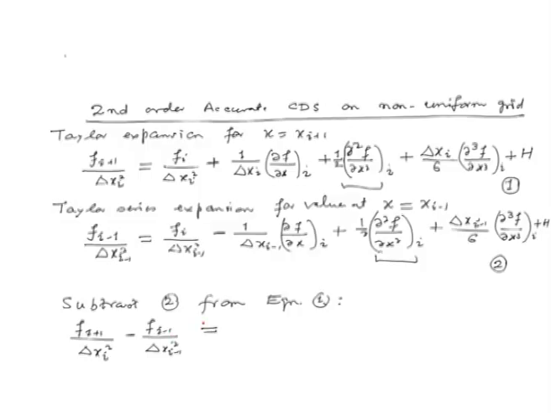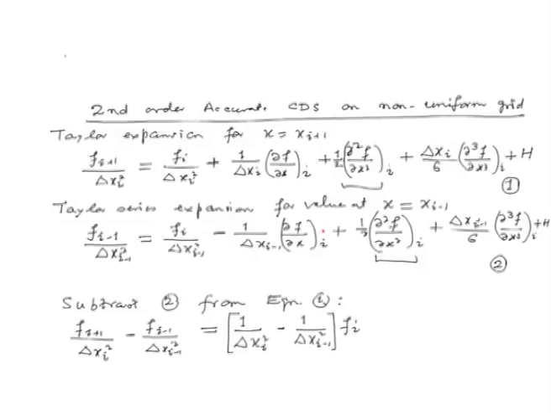On the right hand side, the first term would be, let us take f_i common. So, 1 by delta x_i squared minus 1 over delta x_{i-1} squared multiplied by f_i.